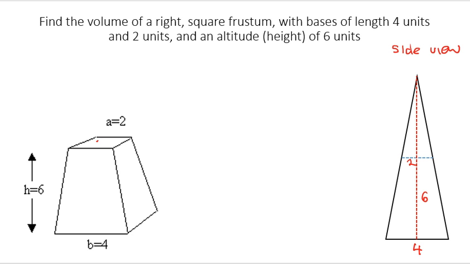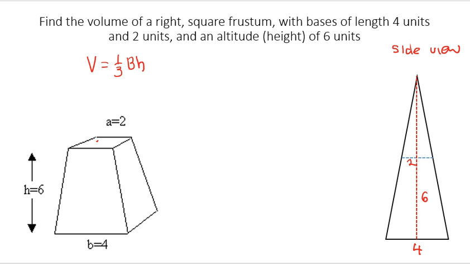To find the volume of a pyramid, remember volume is equal to 1/3 times the area of the base times the height. We want to find the volume of the entire pyramid. To be consistent with what we did before, we called that V1.